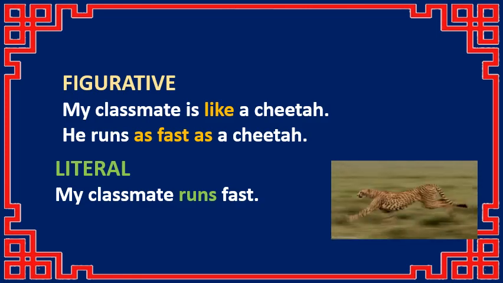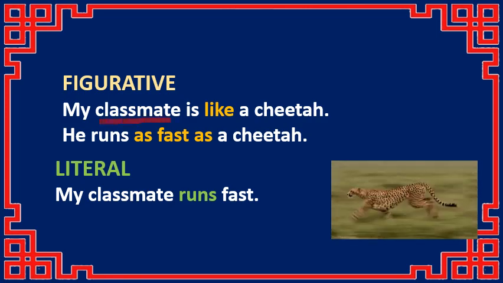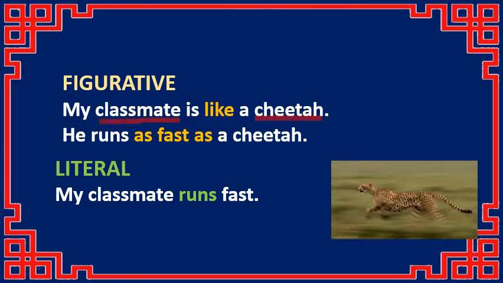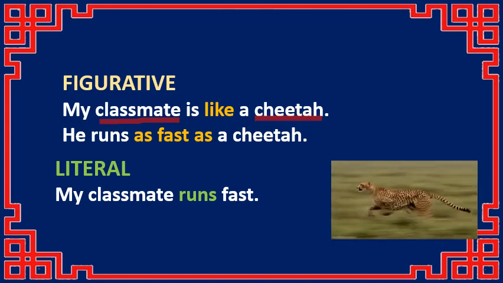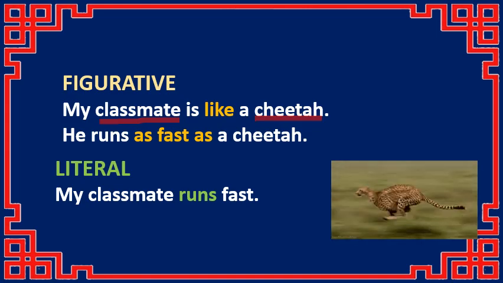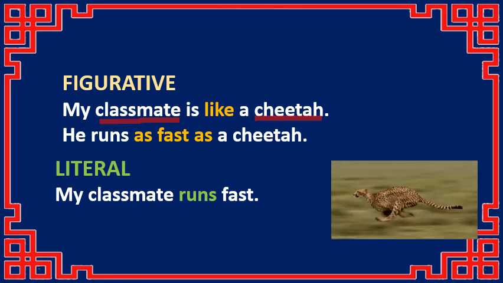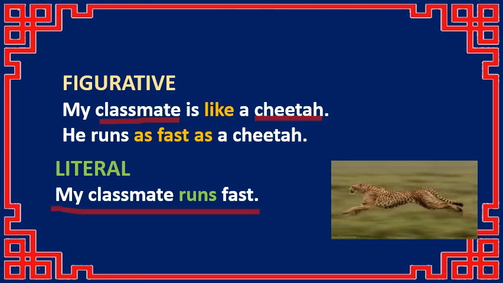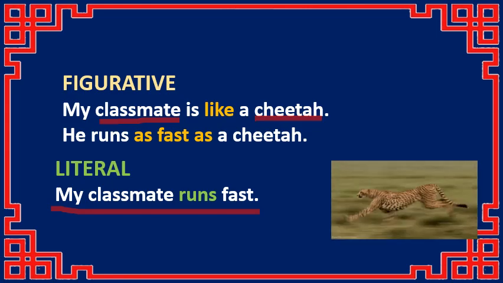But this statement is impossible to happen in reality. Your classmate will never become a cheetah. So this is a figurative statement. To make it literal in meaning, the idea of this statement is just as simple as this statement. Your classmate runs fast.